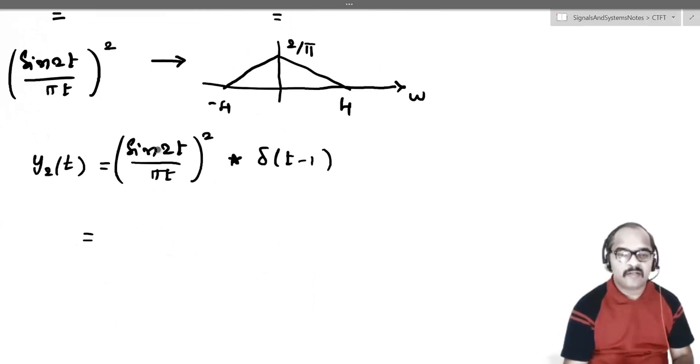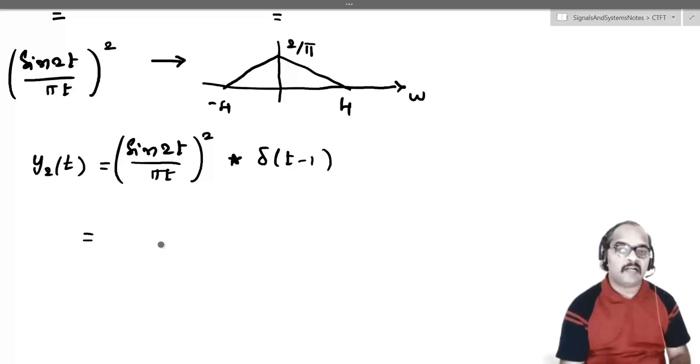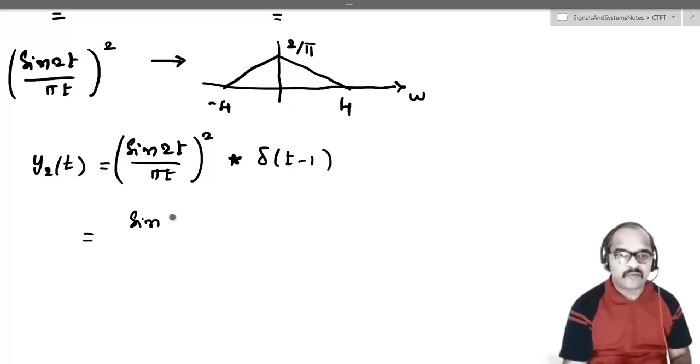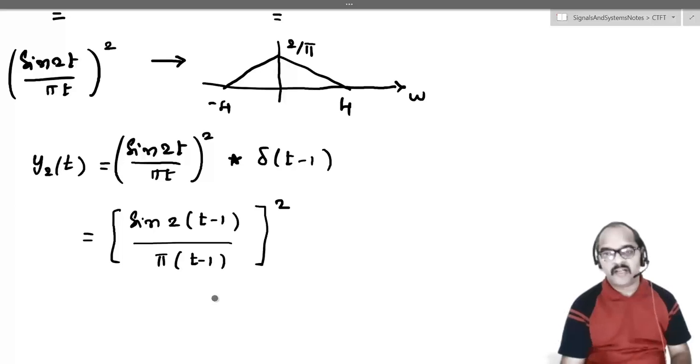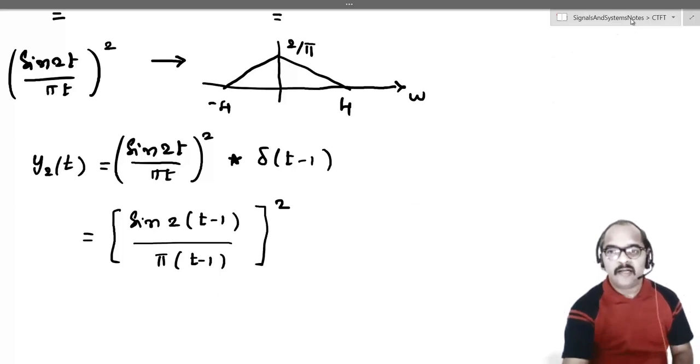Any function convolved with delta of t minus 1 means you have to shift the function, so you have to replace t with t minus 1. So you will get sine 2 of t minus 1 divided by pi times t minus 1, whole square. So that would be the final output of the LTI system, for which the input is sine 2t by pi t whole square.